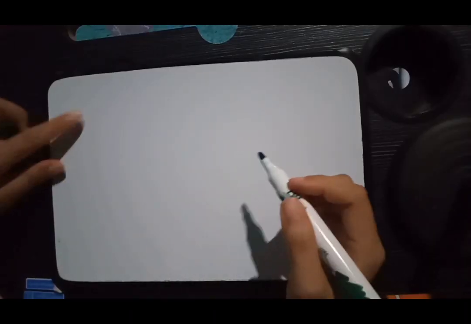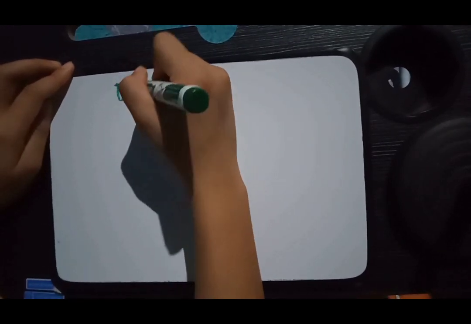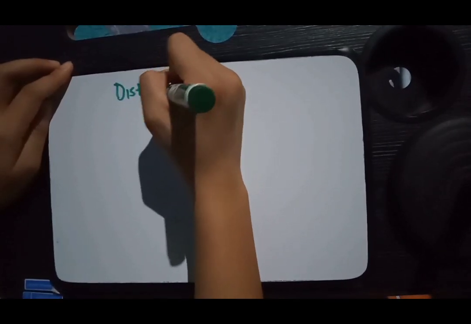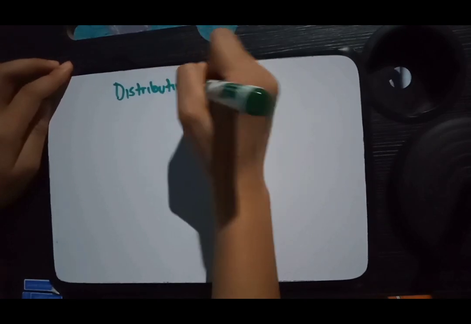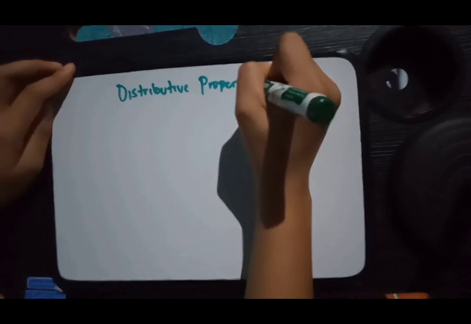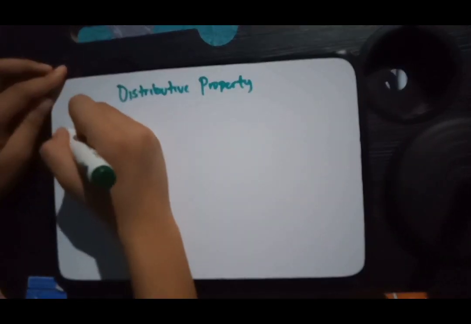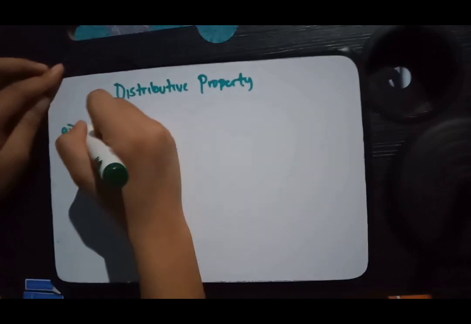So, the next and last property that I will discuss is the distributive property. So, in distributive property, we have here left distributive property.